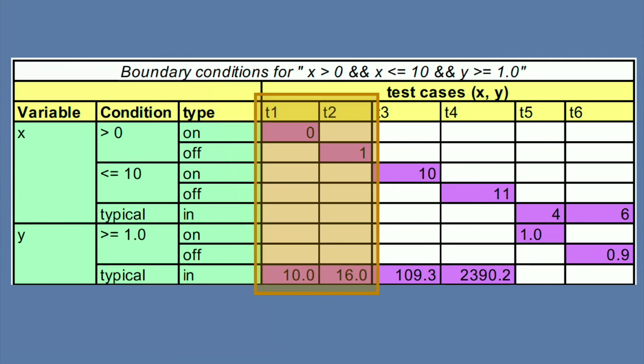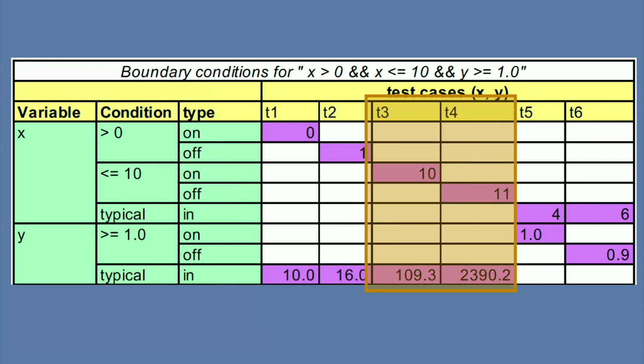For the first boundary condition, x greater than 0, the on point is 0 and the off point is 1. So we have one test, T1, where x is 0, and for y we just pick any in point, for example 10. Then test 2 has the off point 1, and another typical in point for y, let's say 16. These are the two boundary tests we do for the first condition.